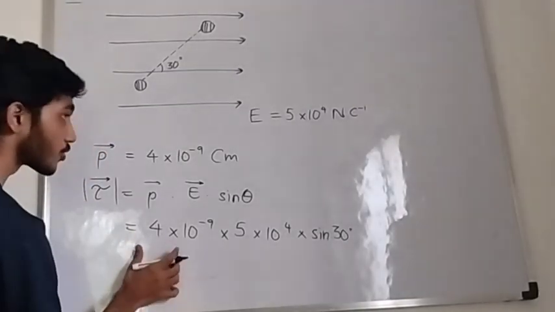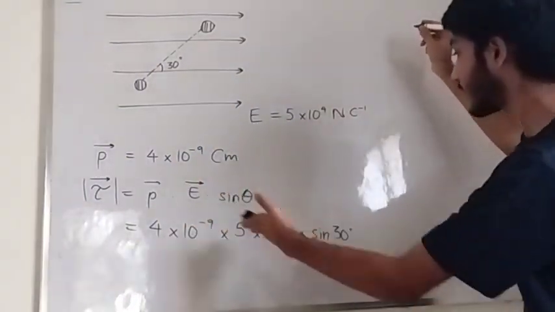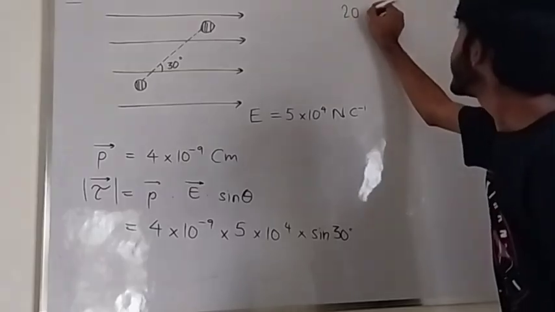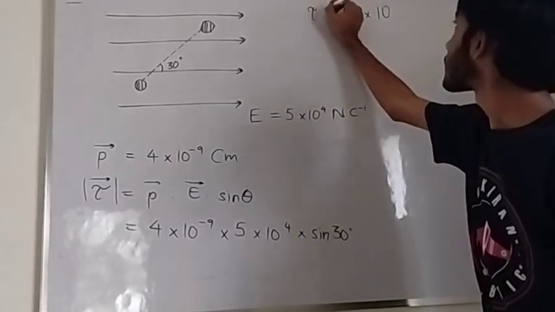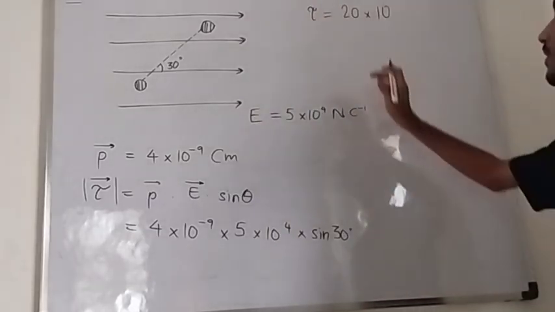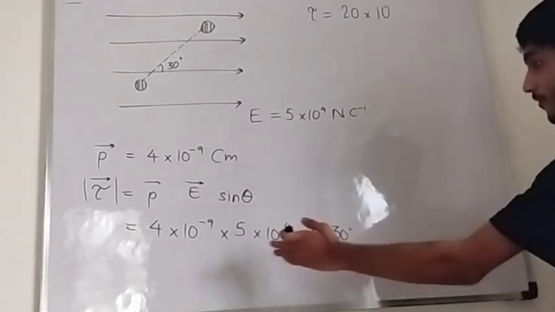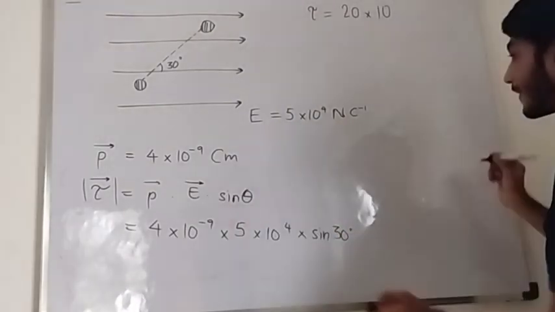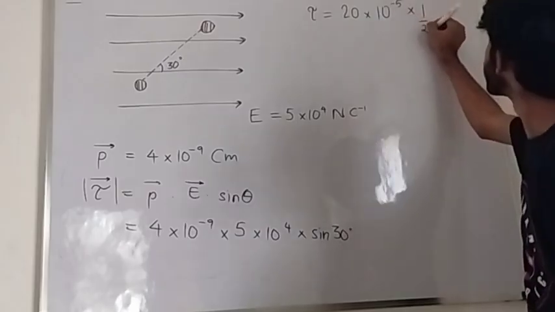So this will come out to be, I will write it there, hope it is visible here. 5 into 4 is 20, into 10 to the power of, I will write tau. If I am writing it without the vector sign, assume it to be magnitude, okay. 4 into 5 is 20 and this will come out 10 power minus 5, into half.